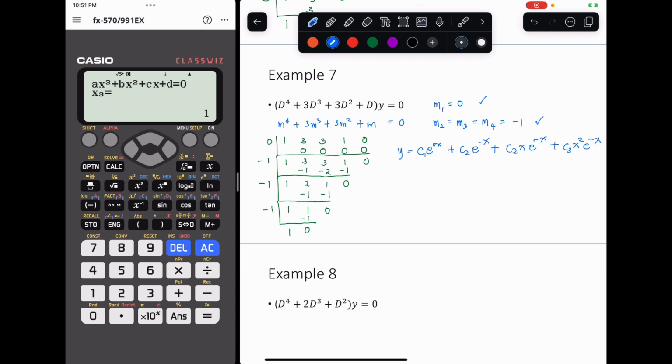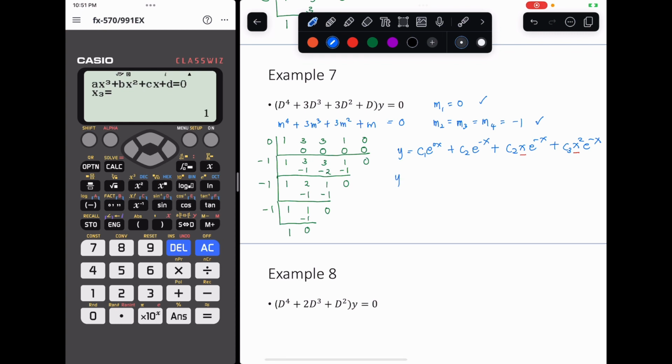As you can see here, the first repeated root would just be x raised to 0, which is 1. Then I'll have x for the second, and then for the third is x squared. If we have a fourth, that would be x cubed. If we have the fifth, that would be x to the fourth, and so on.